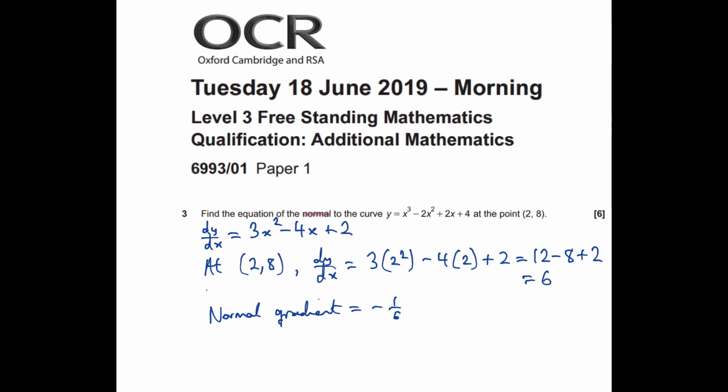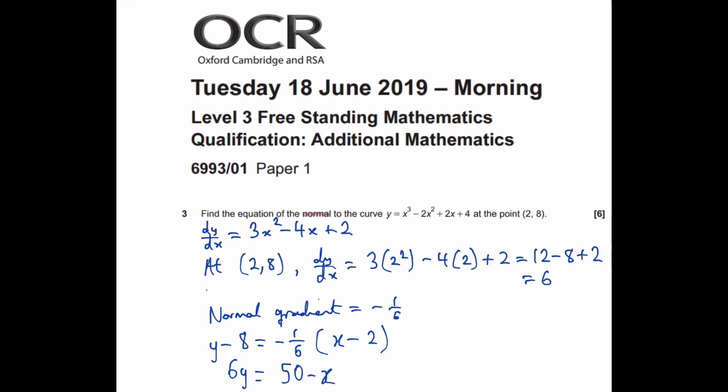So we have y minus y1, so y minus 8 equals m, which is our minus a sixth, times x minus x1. x1 is 2. And we rearrange to get 6y equals 50 minus x.